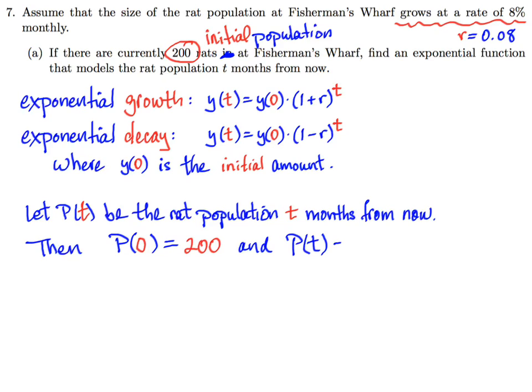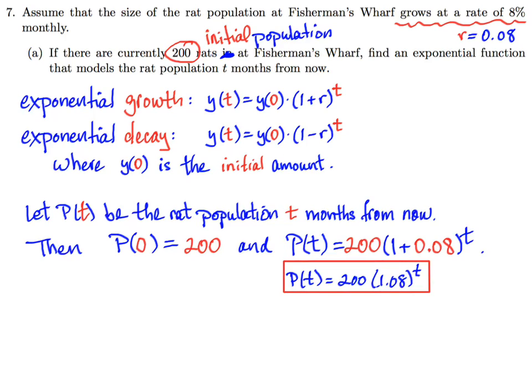And P of t, the population t months from now, is going to be the initial population, 200 rats, times 1 plus the rate of growth, 0.08, raised to the t. Now let's add the 1 plus 0.08, so we get 200 times 1.08 raised to the t. And that's the exponential growth function that represents the rat population.